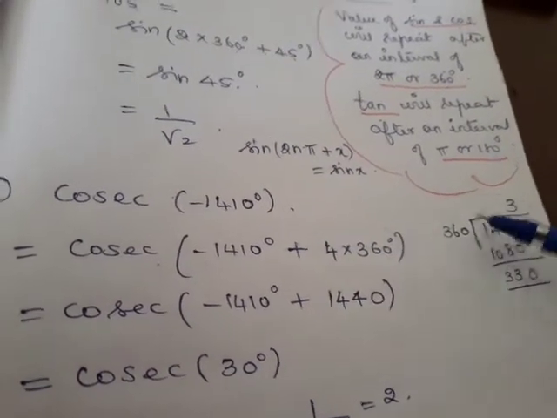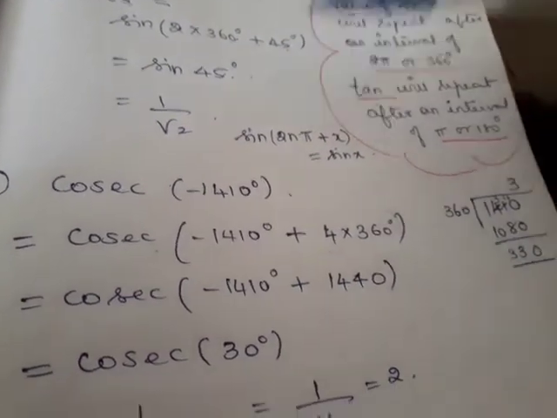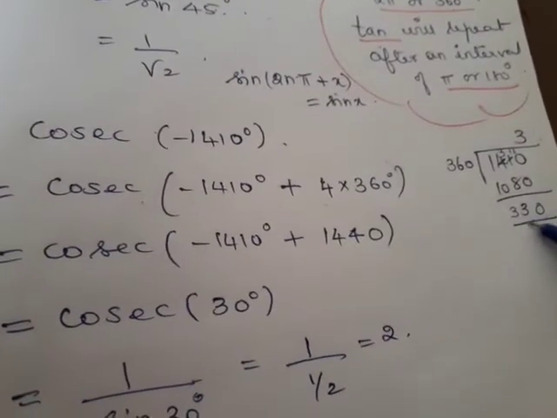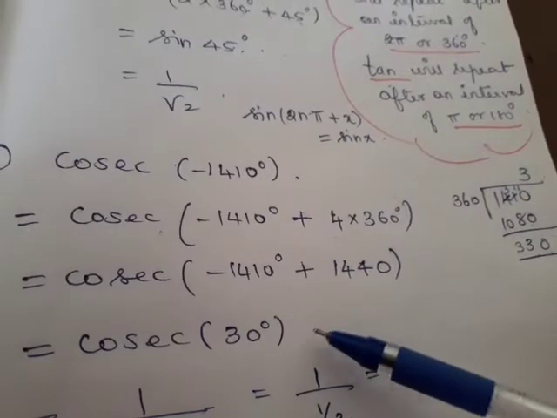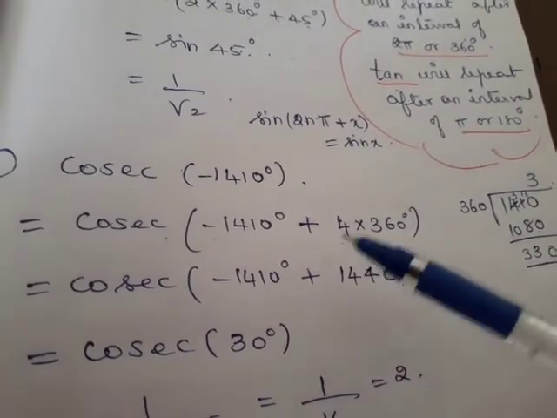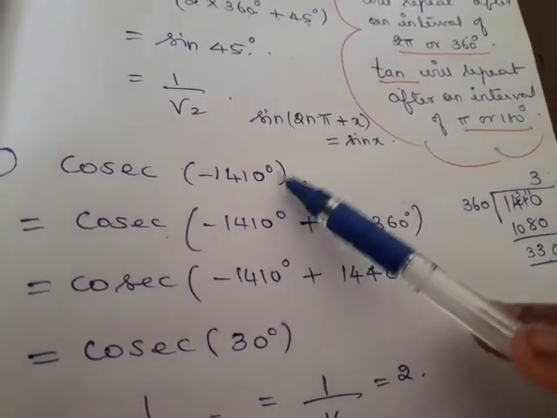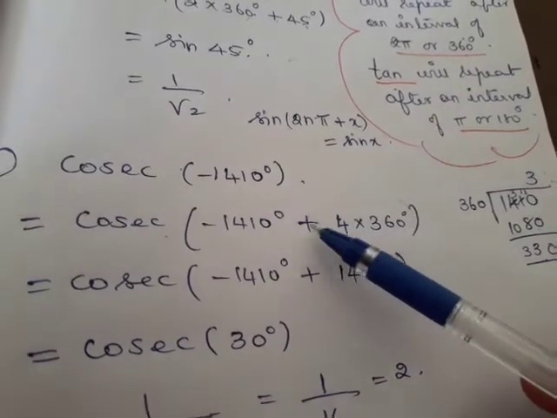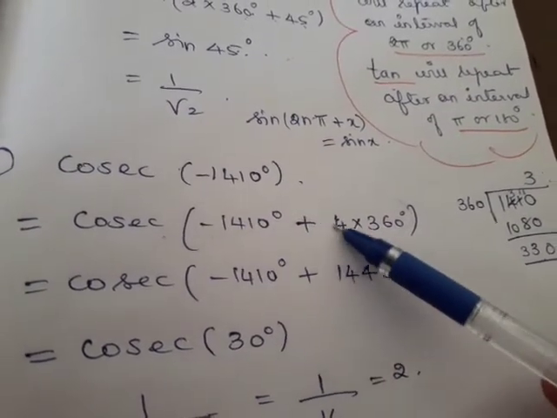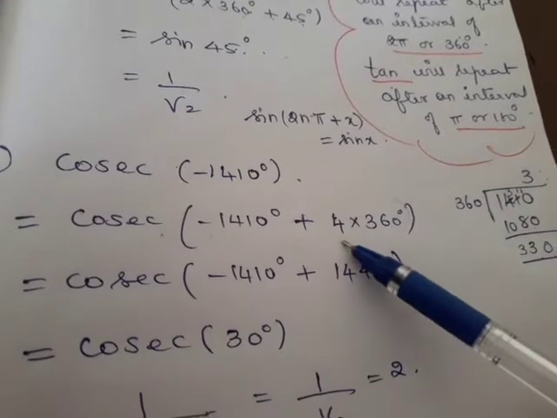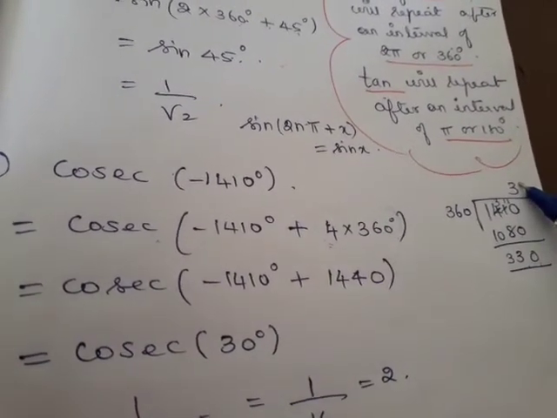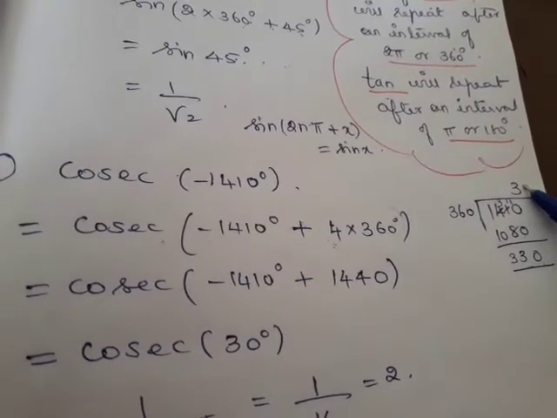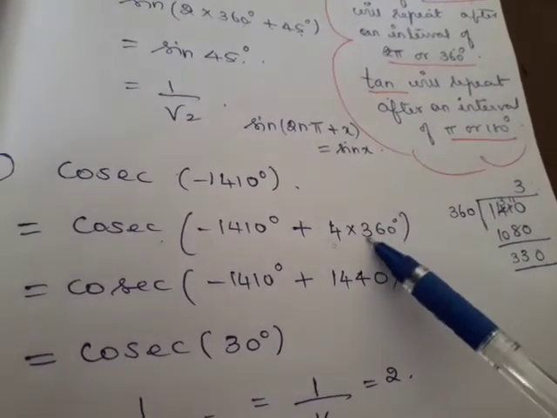If we go with the usual method we used for the previous problem, we are not getting a standard angle to get our answer directly. So we are going to rewrite this minus 1410 as minus 1410 plus 4 times 360. We got this 4 as the next number of the quotient.